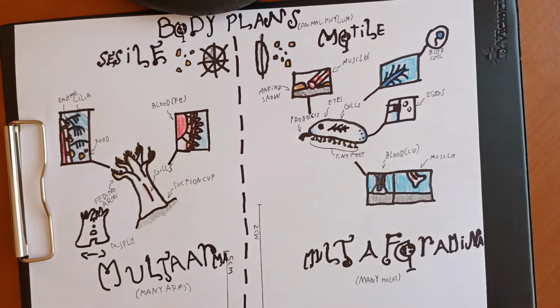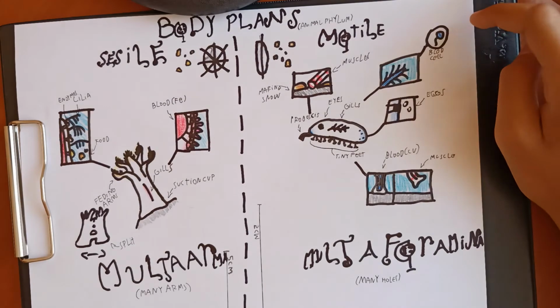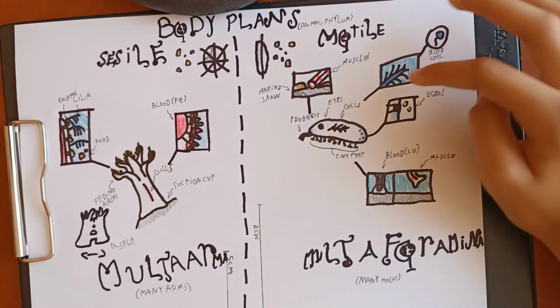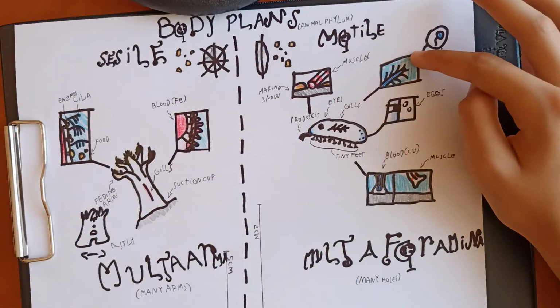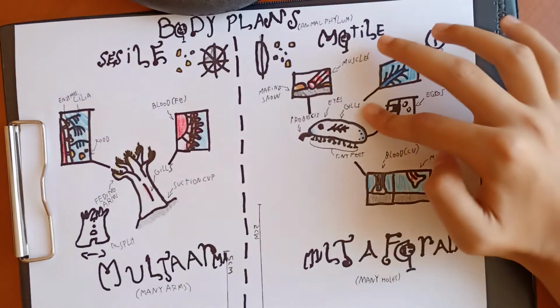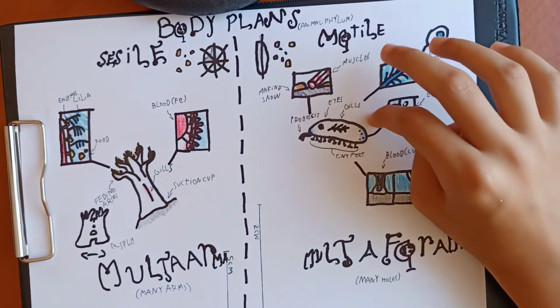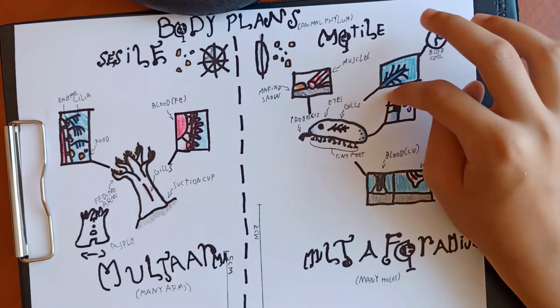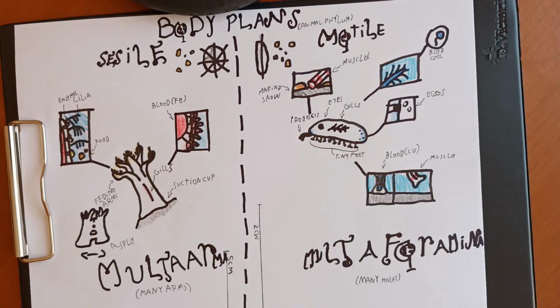The blood cells, with their nucleus and stuff, would go into the gills and then go out with oxygen and distribute the oxygen to the other organs.